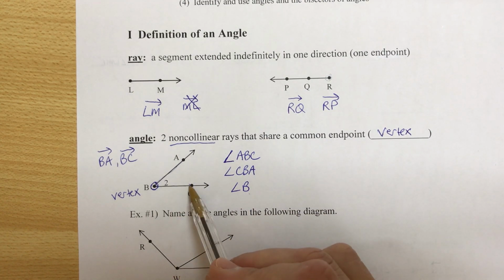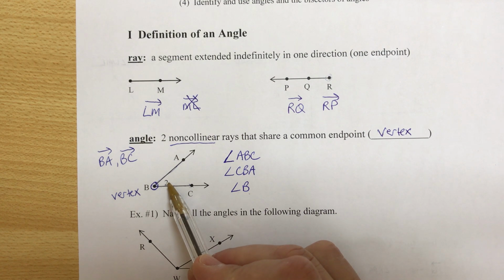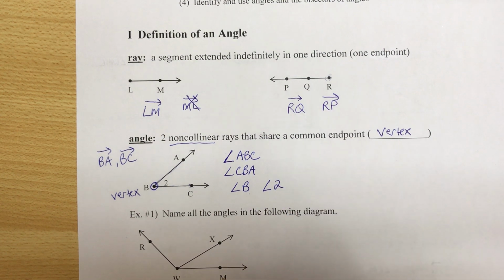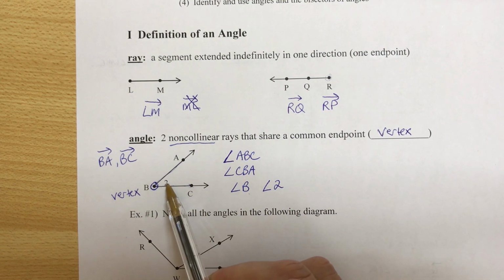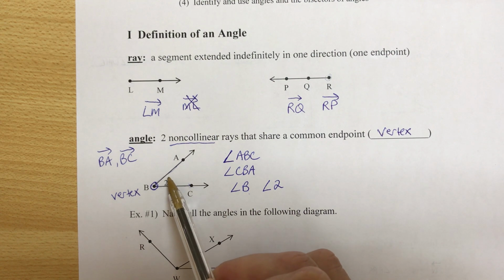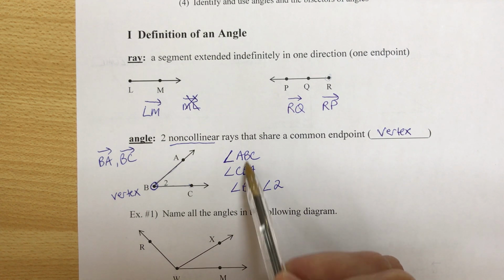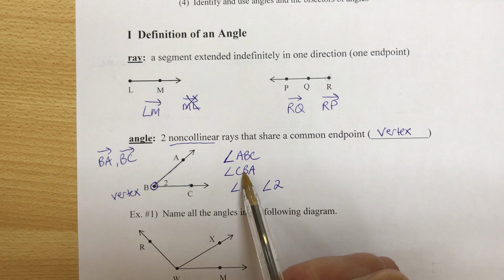Angle B would be this. If there's a number inside, sometimes we'll use a number to represent an angle. That would be angle 2 in this case. That's not the measurement. It's not 2 degrees because there's no degree symbol there. So that's actually the name of the angle, angle 2. If you use 3 letters, the key is that the middle letter has to be the vertex. So B, the vertex, must be in the middle.